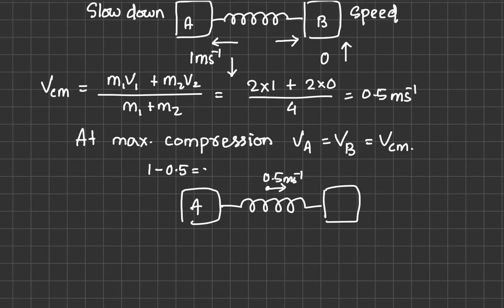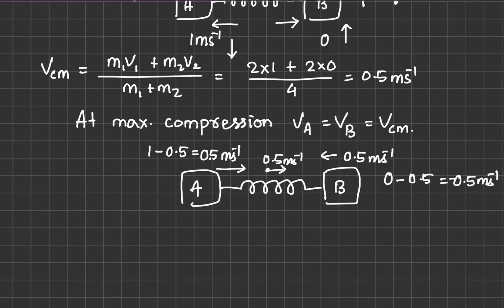So this equals 0.5 meter per second towards right. And in this condition only, velocity of B must be 0.5 meter per second towards left. We can get this as velocity of B with respect to center of mass equals velocity of B minus velocity of center of mass, which gives us minus 0.5 meter per second.